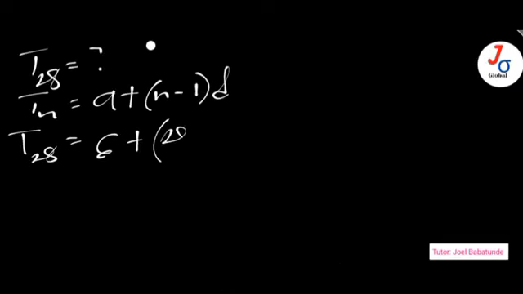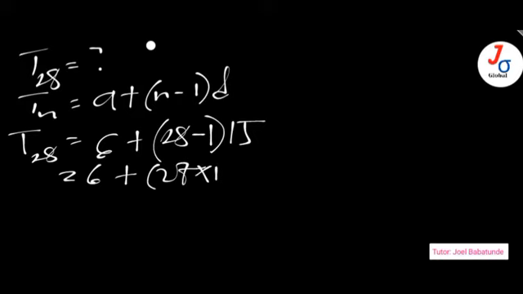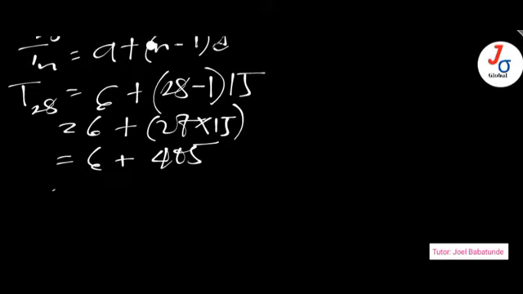Then you have 28 minus 1, then D is 15. And so we have 6 plus 27 multiplied by 15, that's 405. And then 6 plus 405, what you have is 411. So your 28th term is 411.